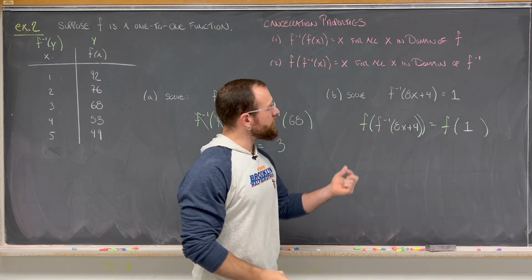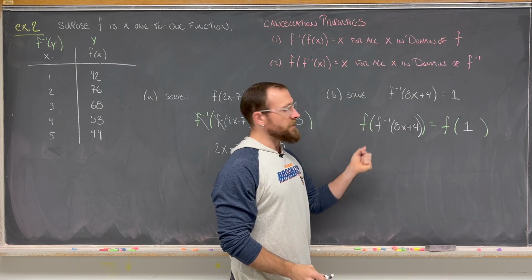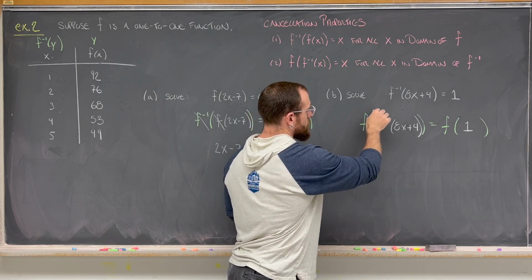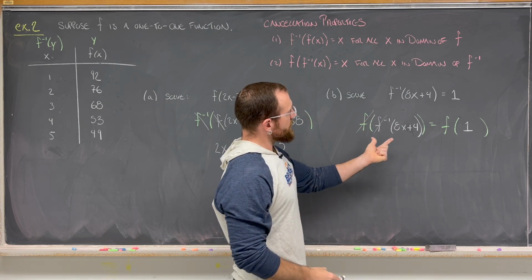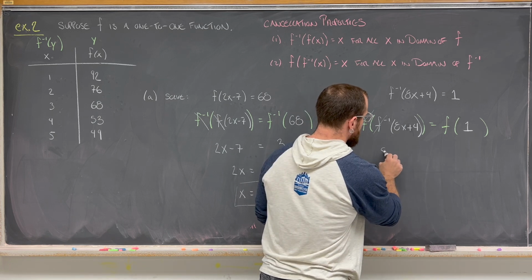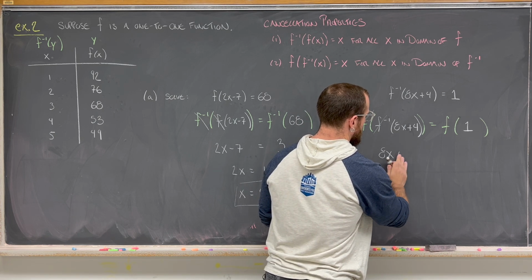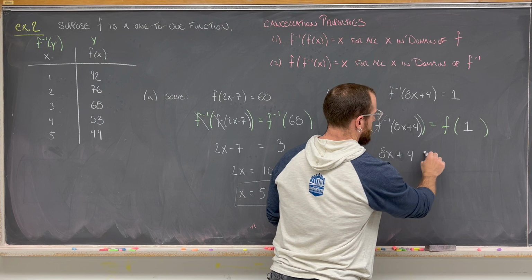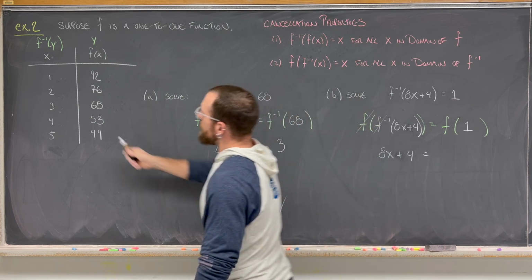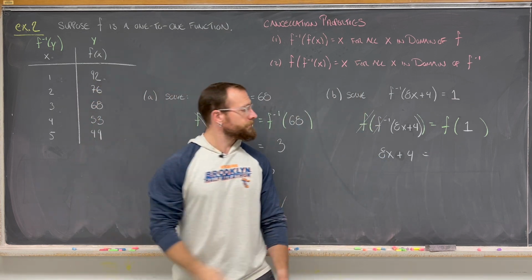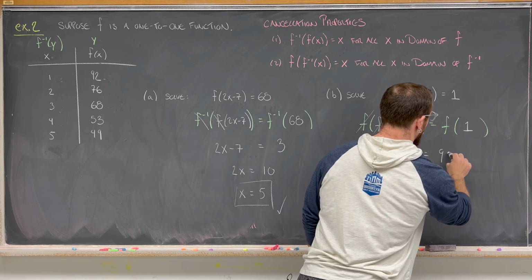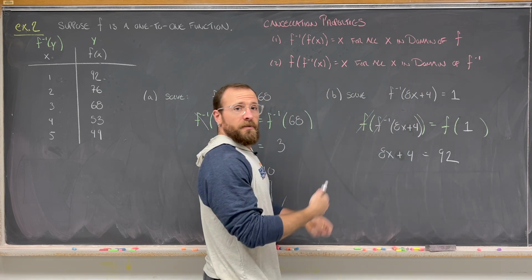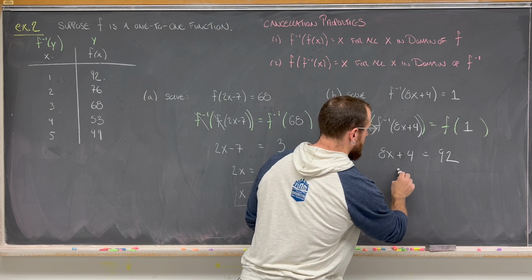And once again, I've composed inverse functions, and they cancel each other out. Okay? So in this case, I have 8x plus 4 equals f of 1, which is 92. Okay? And if I continue on here, I'll subtract 4 from both sides.